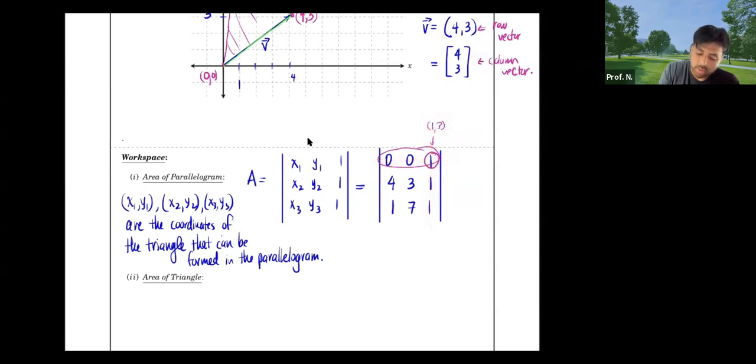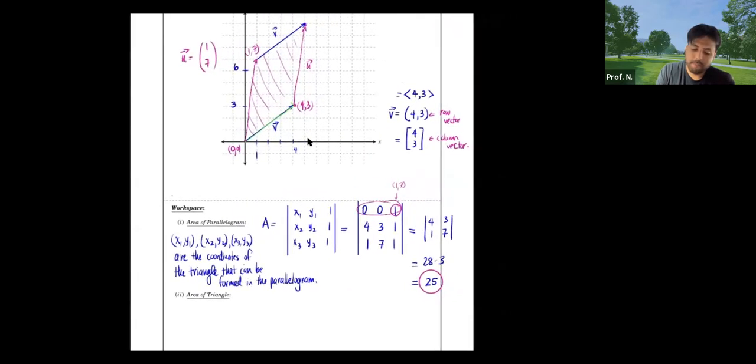This here would be a positive number that appears for the C13. So this actually is just going to be the determinant of 4, 1, 3, 7. And when you multiply this, this becomes 28 minus 3, which is 25. Does everybody see that?